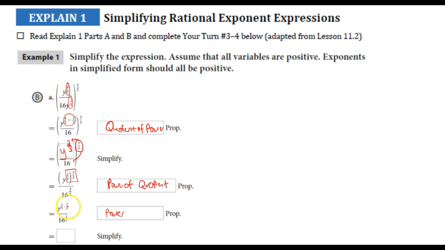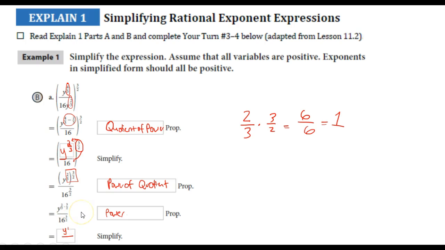We're going to go ahead and simplify that, so that's 2/3 right there times 3 over 2. So 2 times 3 is 6. 3 times 2 is 6. And 6 divided by 6 would be 1. So that'd be y to the first power.